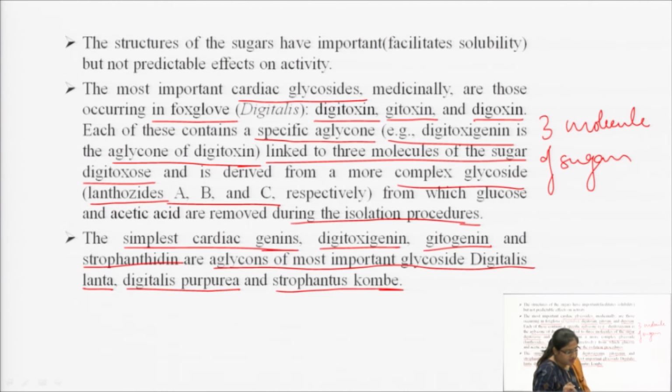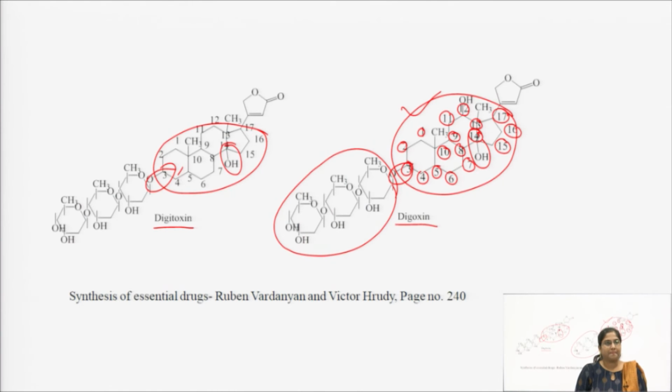These are the 3 most important sources from which these aglycon cardiac genins are extracted. So this was the general information about digitoxin and digoxin, which are extracted from the foxglove plant, that is digitalis, and there are certain types of digitalis as well.